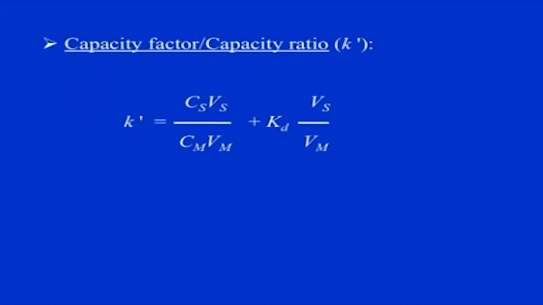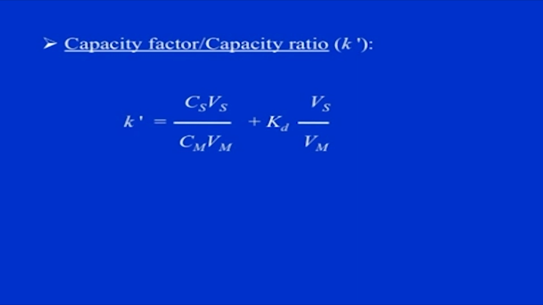In terms of volumes it is given by CsVs upon CmVm, where Cs and Cm are the concentrations of the analyte in the stationary and mobile phase. This we have already discussed.